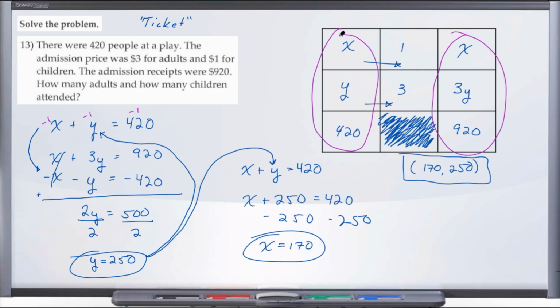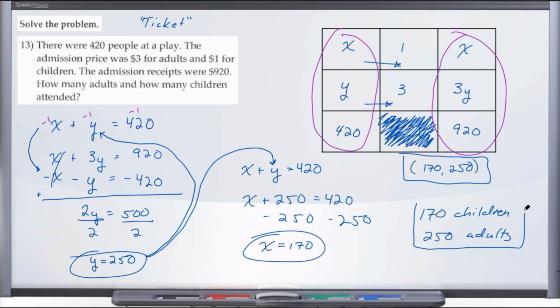Well, let's see. We recall that X corresponded to the $1 ticket sales, and $1 was for children. So X is children, and Y corresponded to the $3 ticket sales, and $3 was for adults. So if X is children and Y is adults, we can say that 170 children and 250 adults attended.